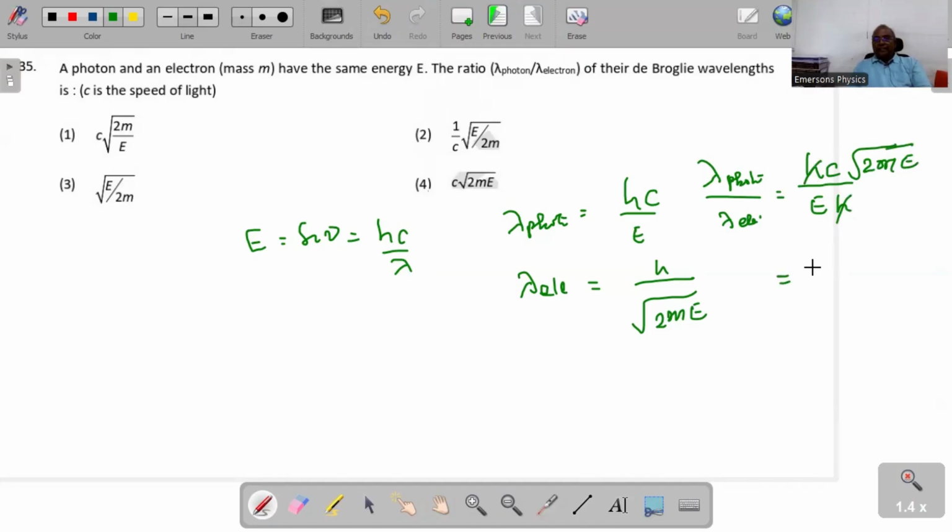So the remaining is c into, bringing E inside, 2mE by E squared. When it goes inside, it becomes E squared. One E gets cancelled. So the answer becomes c into root of 2m by E.